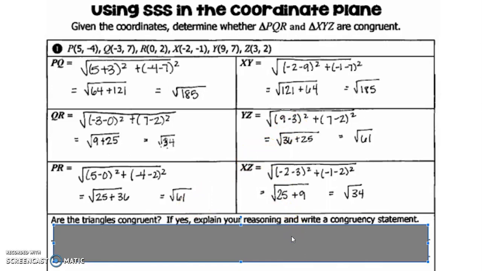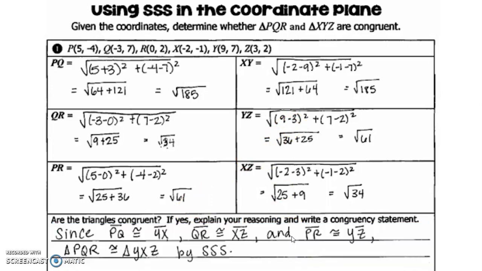So when we write out our statement, we can say that since PQ is congruent to YX, again, they're both a square root of 185. Since QR is congruent to XZ, and they're the square root of 34. And since PR is congruent to YZ, the square root of 61, we can say that our two triangles are congruent by side, side, side.